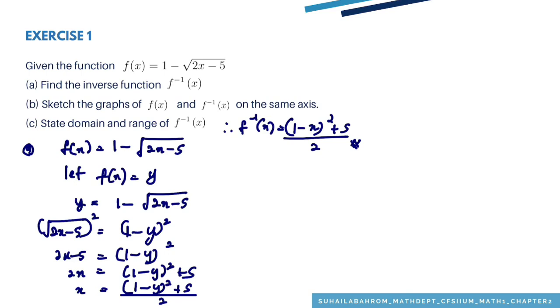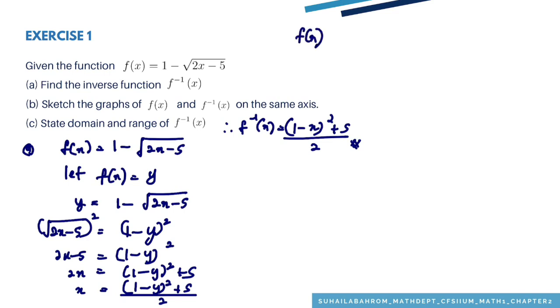Then we have to sketch the graph of f and f inverse on the same axis. Okay, so it is easier. As you can see here, f inverse is actually a quadratic function.